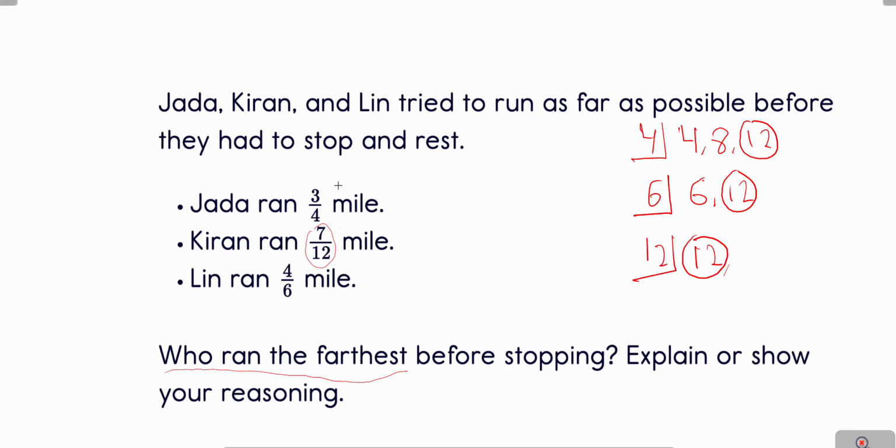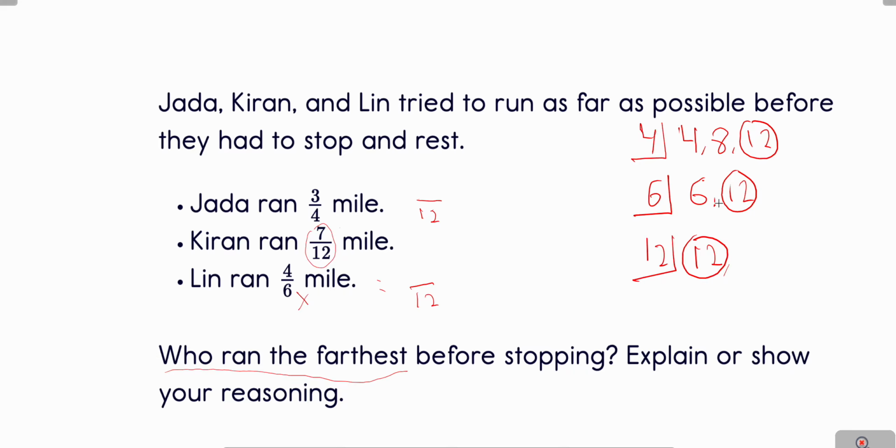So I'm going to find an equivalent fraction for this one and for this one. So 3/4, I want this to have a denominator of 12. And I also want 4/6 to have a denominator of 12. So 6 times what gives me 12?